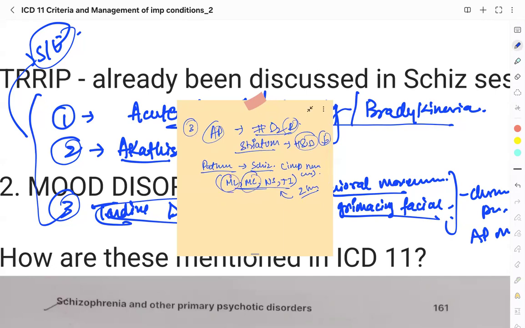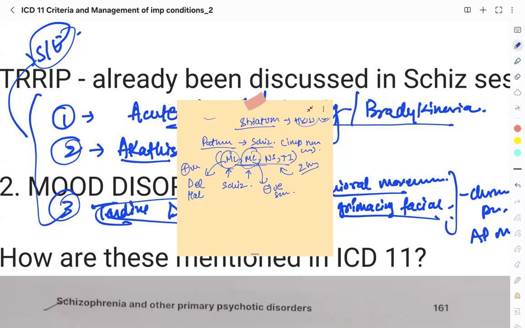Mesolimbic and mesocortical pathways are the ones that are actually producing symptoms of schizophrenia. For example, mesolimbic is going to produce delusions and hallucinations, so positive symptoms. And mesocortical pathway of schizophrenia is producing negative symptoms. So D2 is blocked in striatum.